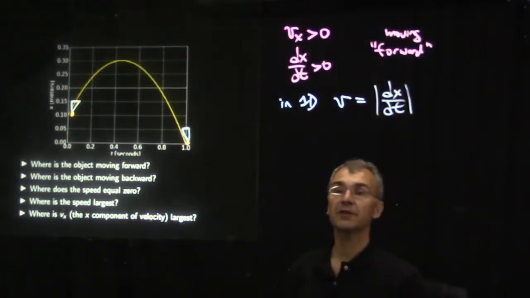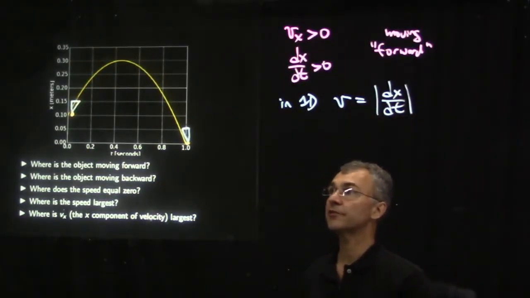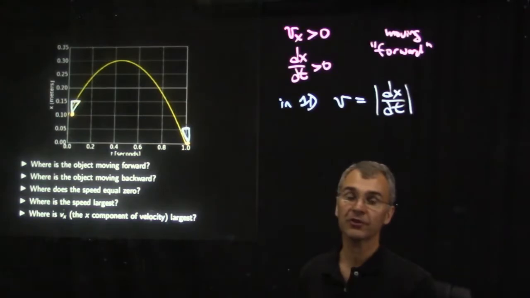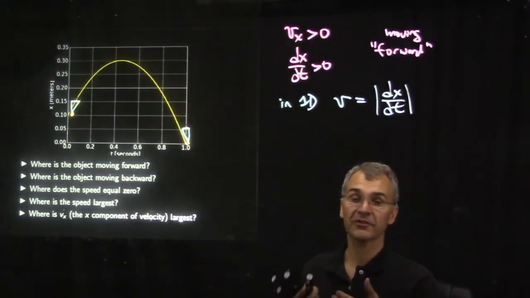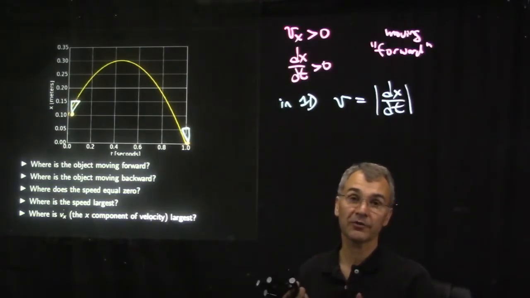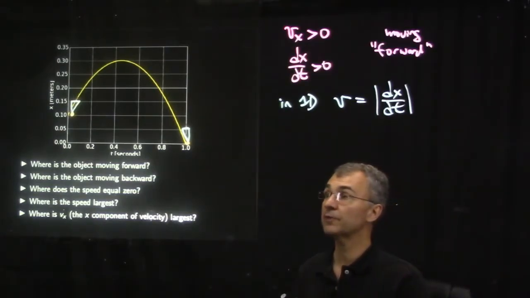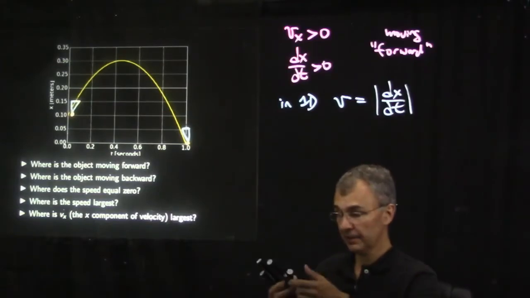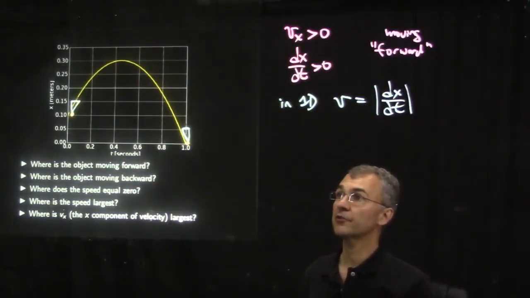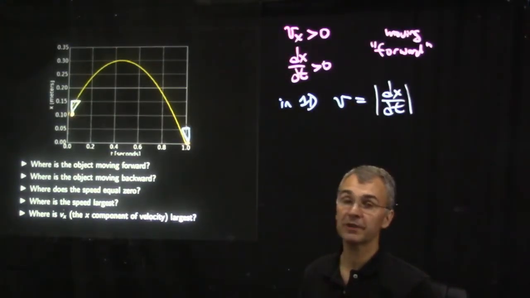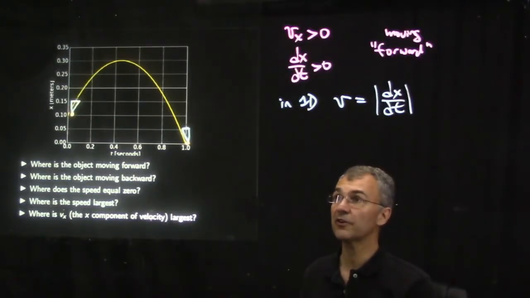We want to figure out whether the magnitude of the slope of the x versus t curve, in other words the magnitude of the x component of velocity, in other words the speed, is bigger on the far left side of this graph or the far right side. Those are both places where the slope appears pretty large in magnitude. So which one is larger?